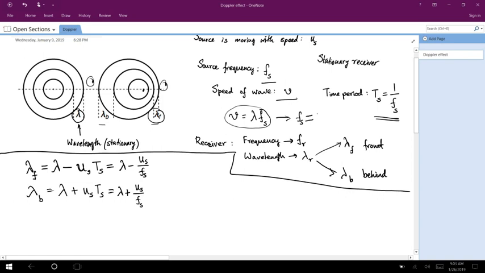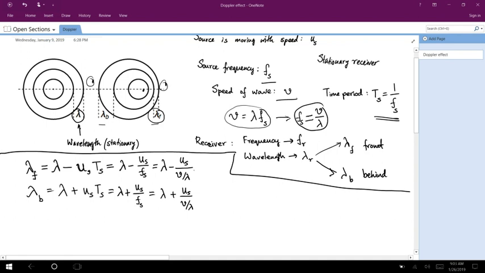Plugging this in, we get lambda minus Us divided by v over lambda, and in the second case, lambda plus Us divided by v over lambda.